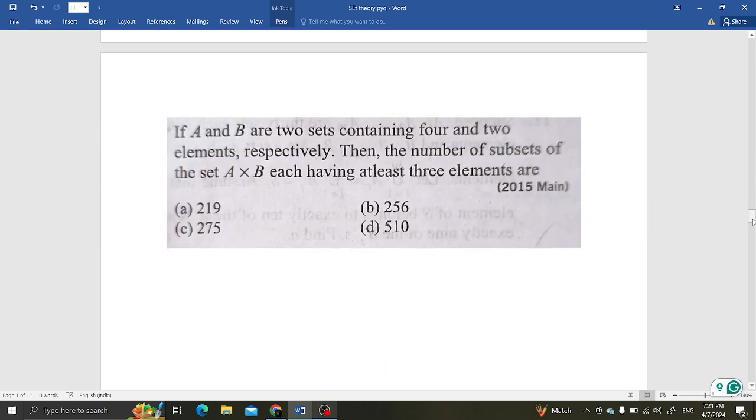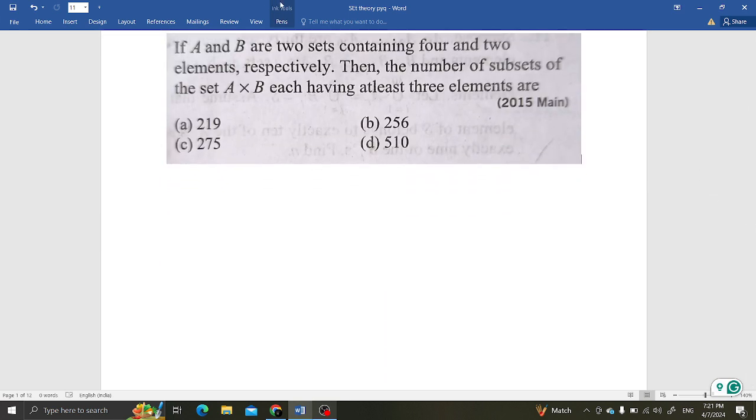Yeah, here you can observe what they are saying, listen. If A and B are two sets containing 4 and 2 elements respectively, that means the number of elements in A is 4 and the number of elements in B is 2. Okay. A and B are known, obviously.